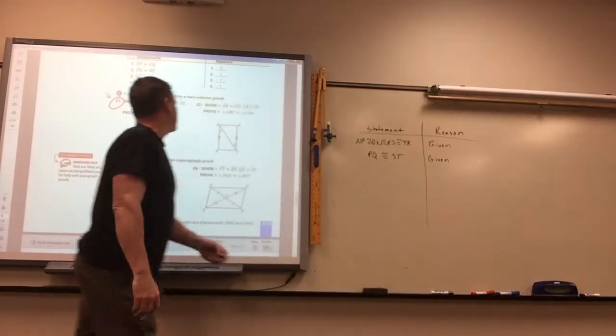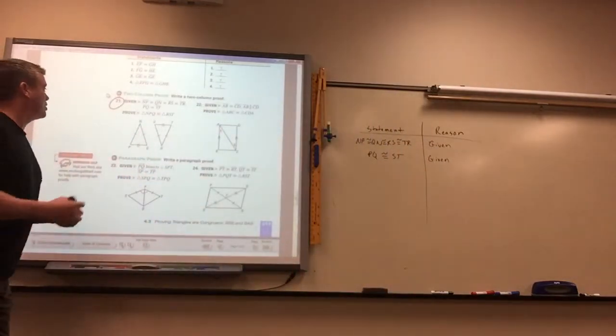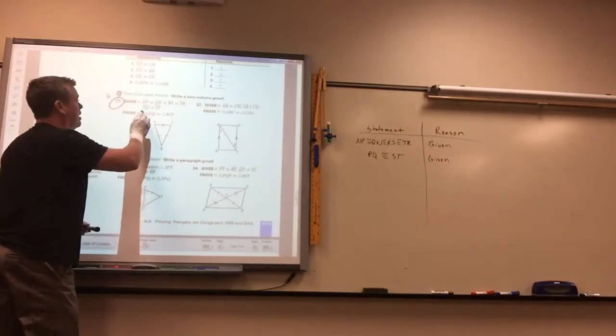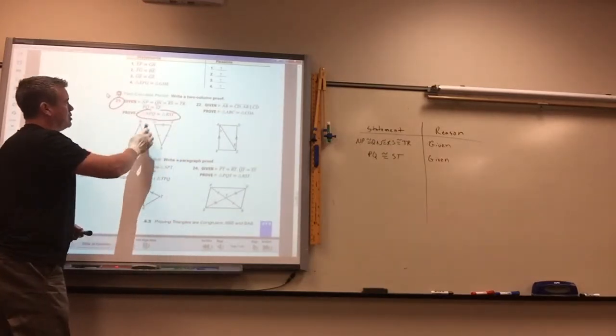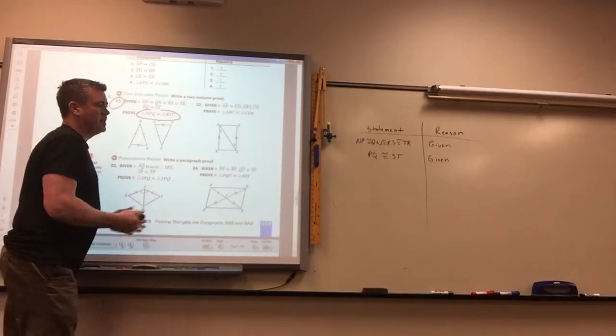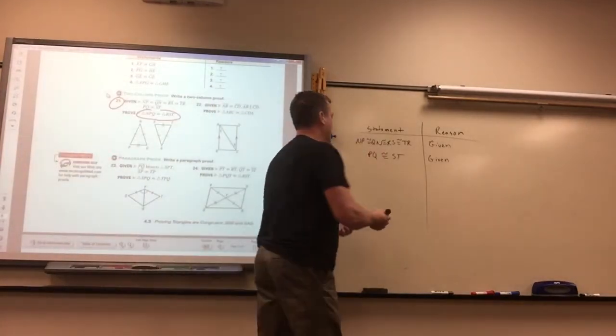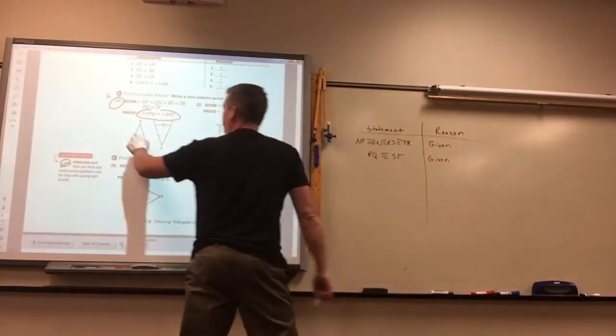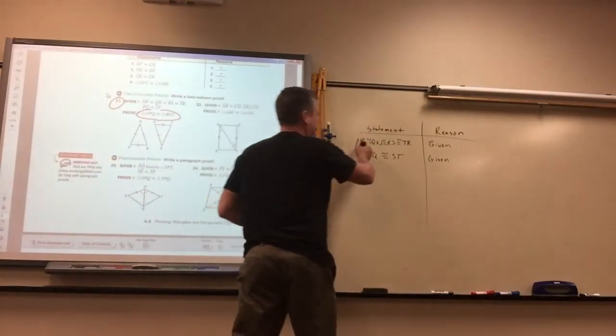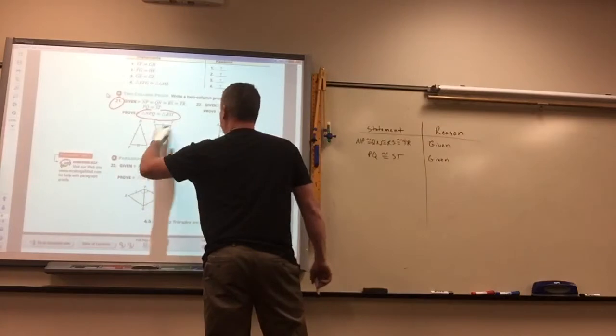Now this one is as easy as a proof gets. We're trying to prove triangle NPQ is congruent to RST. There's nothing we got to put down because everything was given to us. We already have these two sides, they're all 4 equal, and these two sides.